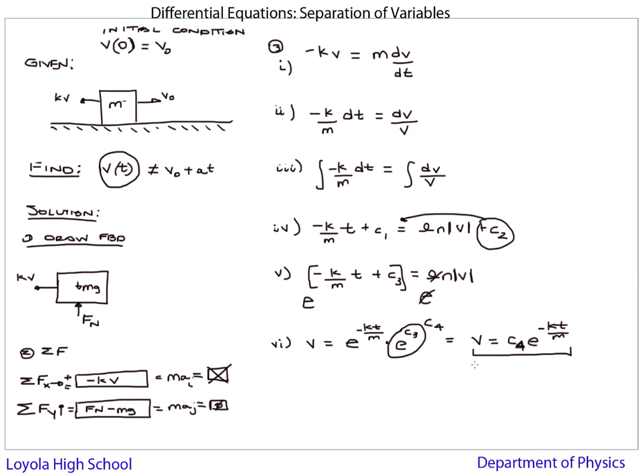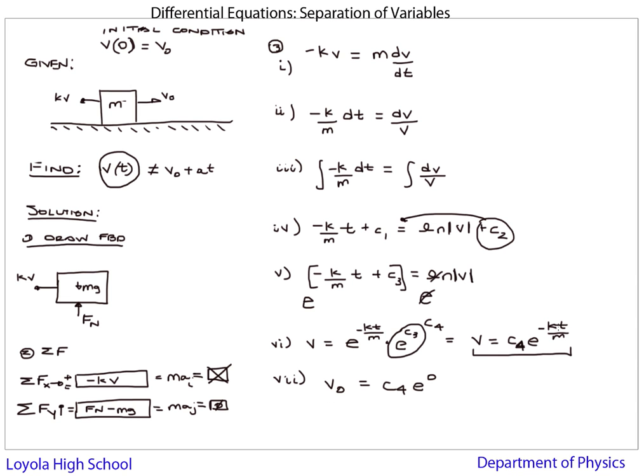So I go back over here and I say, okay, at time equals 0, which basically is e to the 0, at time equals 0, the velocity is v0.